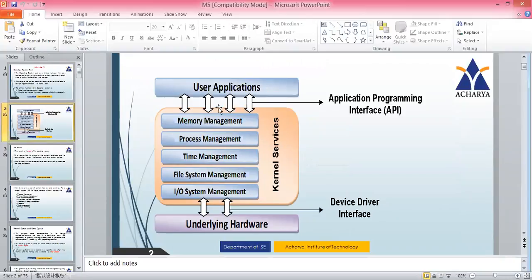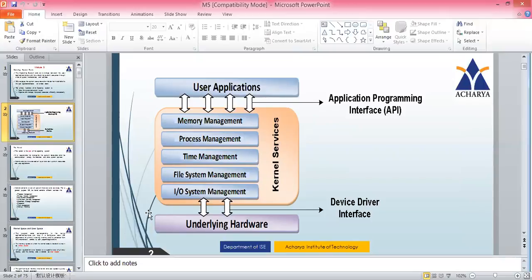Now these are the different system resources. User applications are at the user end, and these are the underlying hardware. There are many parts of the resources, like the memory, process, time, file system, IO system. All these put together, we call kernel services.